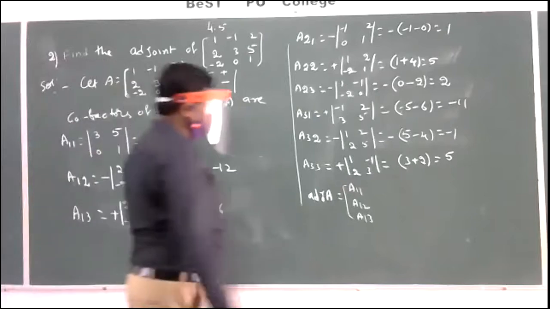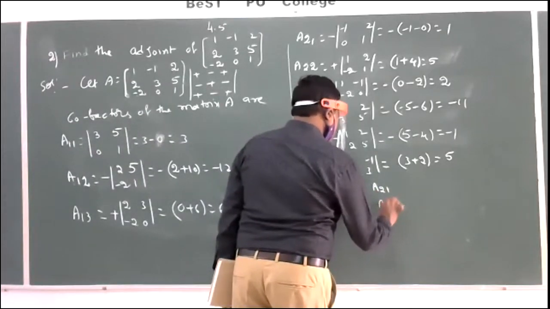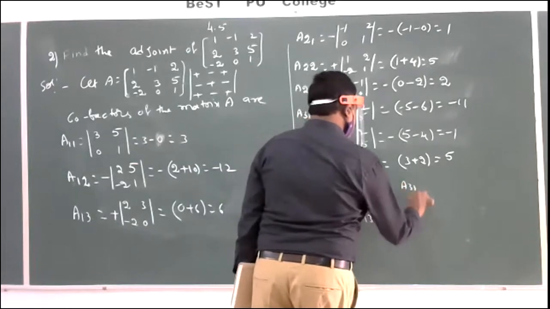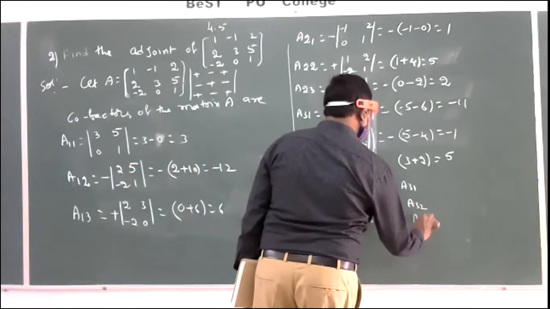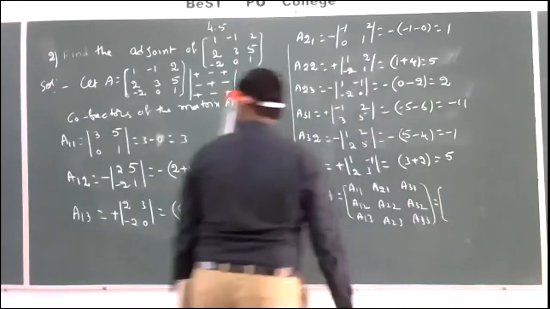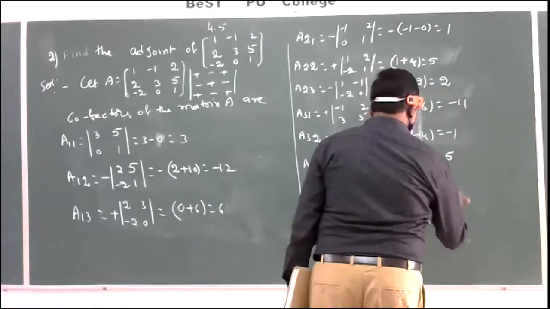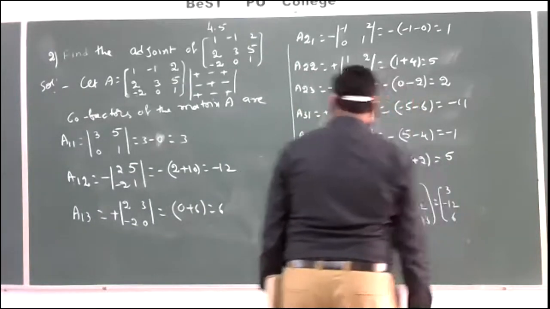That is A11, A12, A13, A21, A22, A23, A31, A32, A33. This is equal to the first three elements, that is 3, minus 12, 3, minus 12, 6.